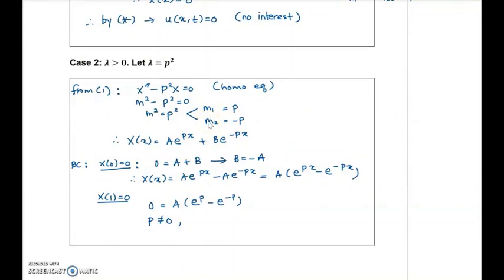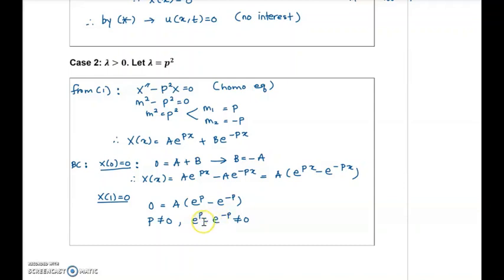Since P cannot be 0, exponent of P minus exponent of negative P also cannot be 0. This is because exponent of P minus exponent of negative P will be 0 only when P is 0. When P is 0, of course, we have 1 minus 1, which is 0.